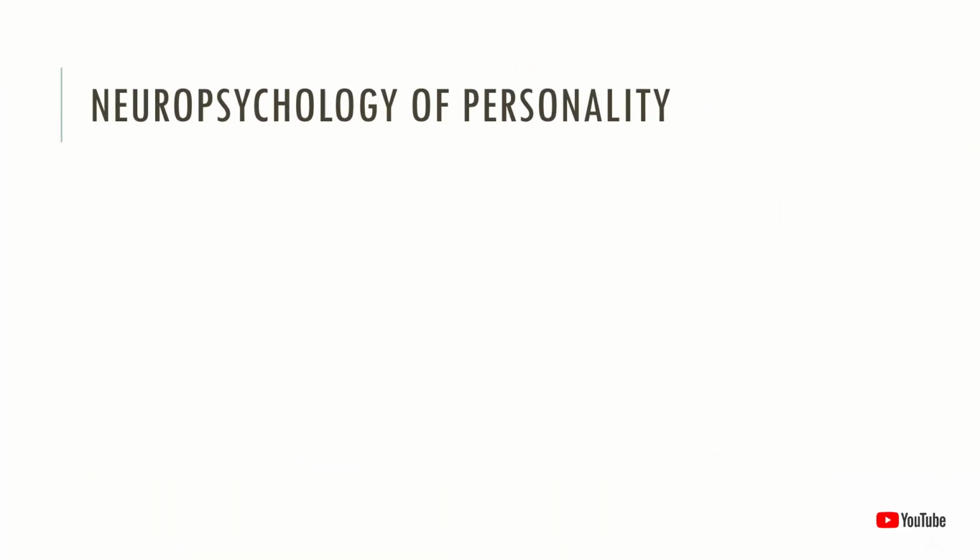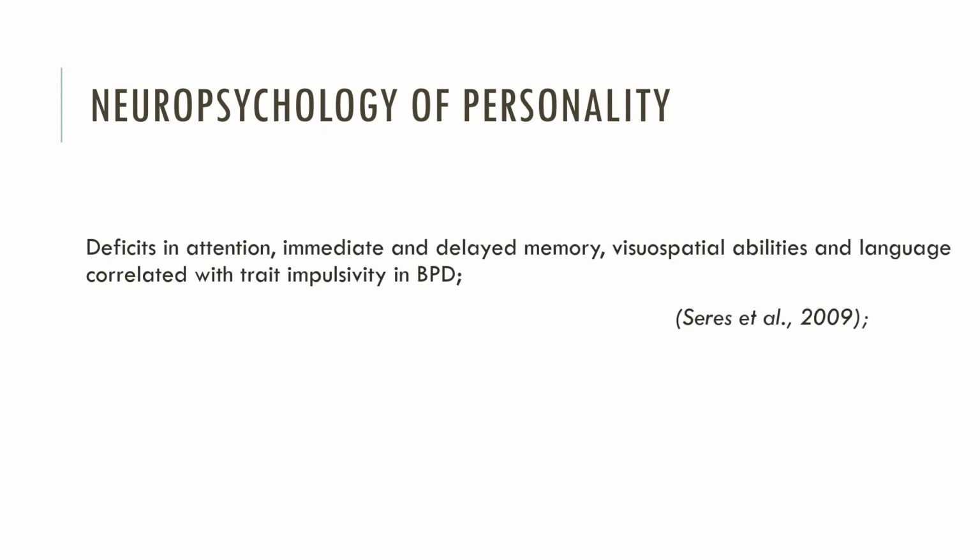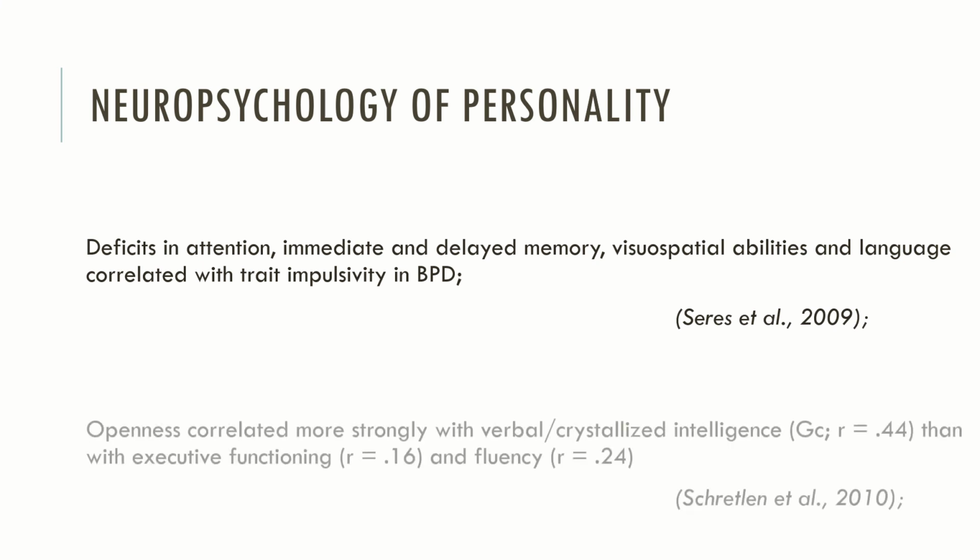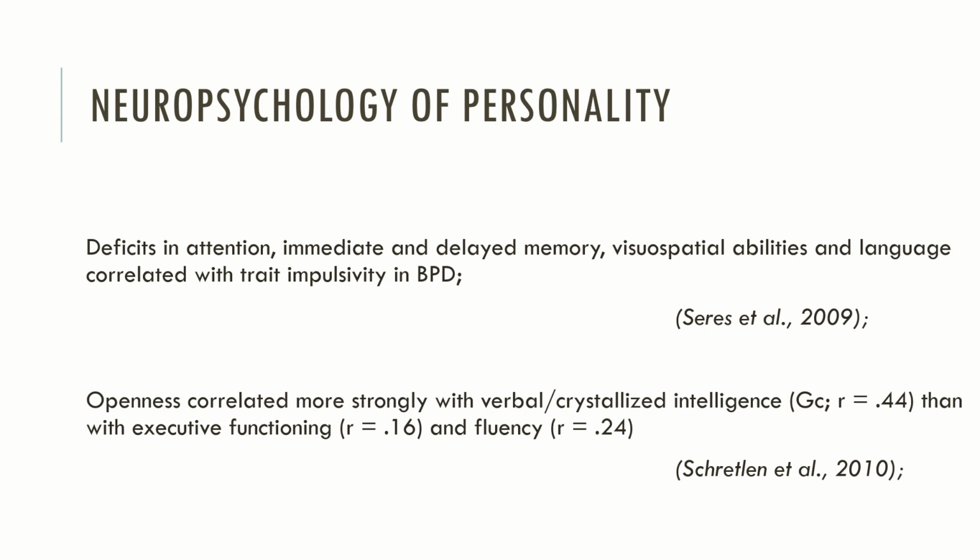Several studies explored the correlates between neurocognitive function and personality traits. I give here two examples. Deficits in attention, immediate and delayed memory, visual-spatial abilities, and language correlated with the trait impulsivity in borderline personality disorder. Openness to experience correlated more strongly with verbal crystallized intelligence than executive function and fluency.